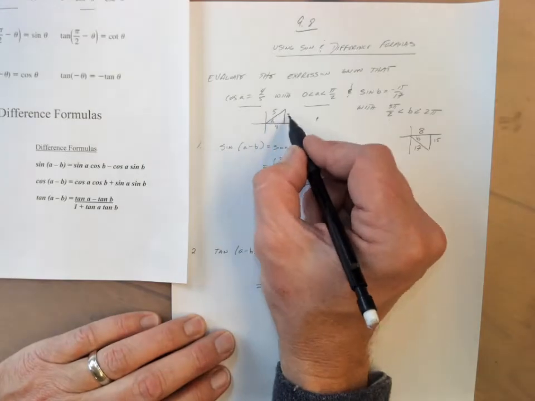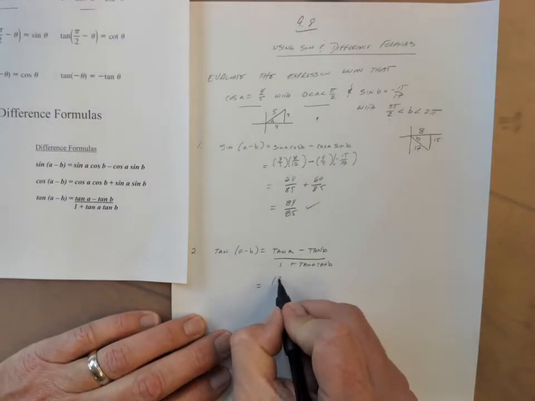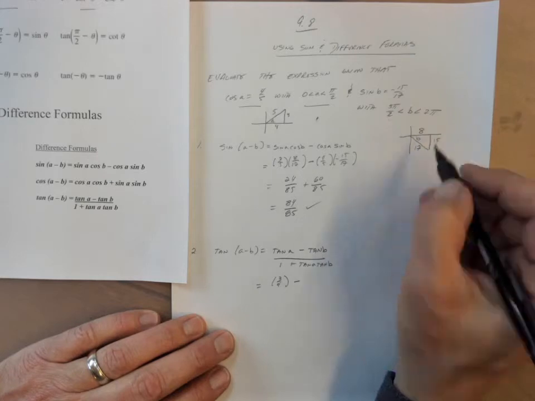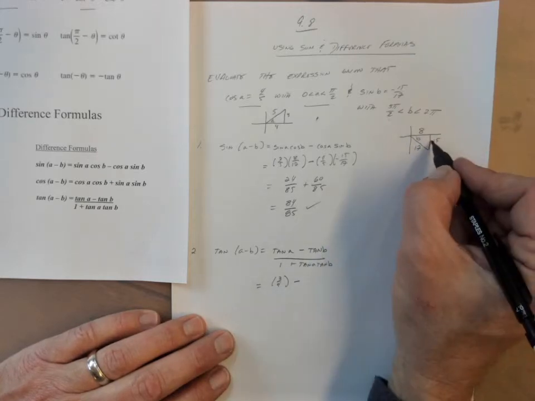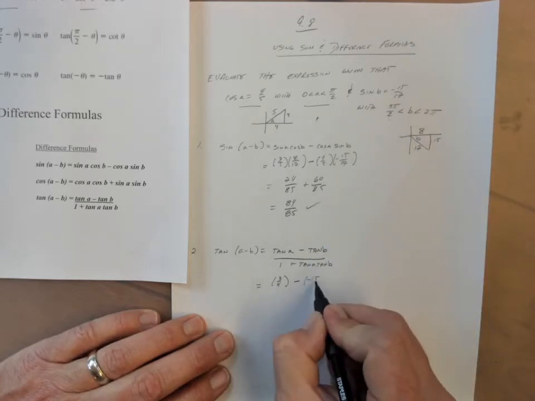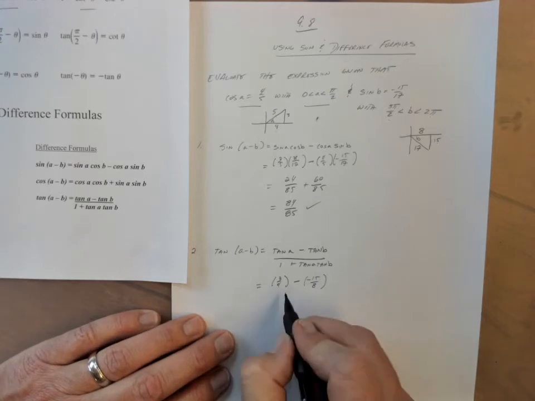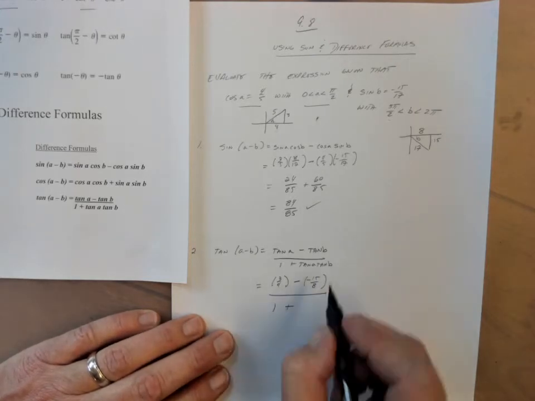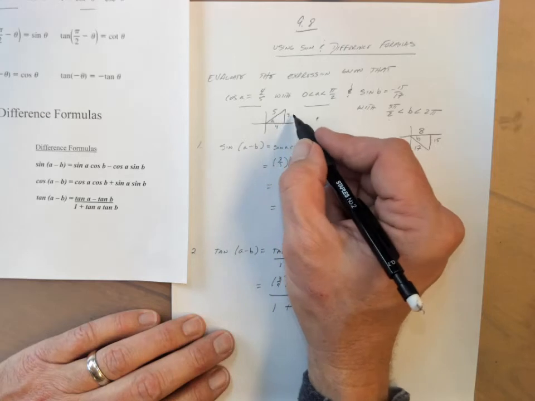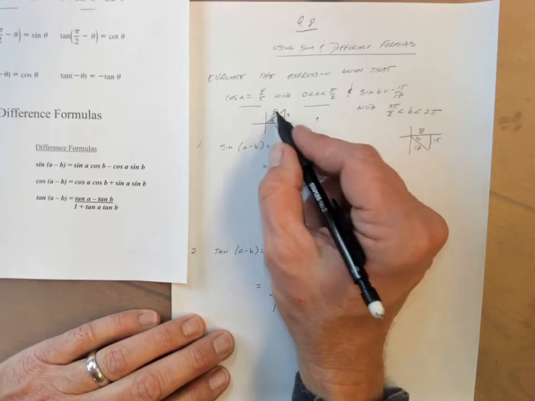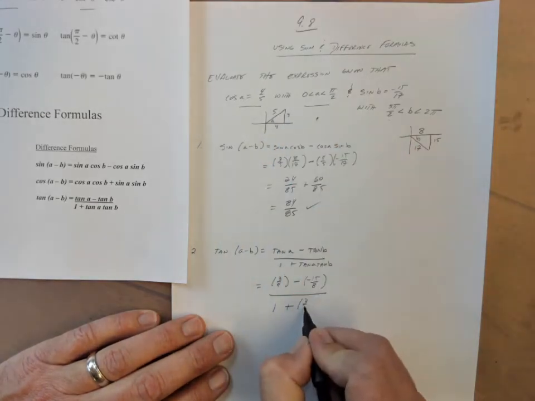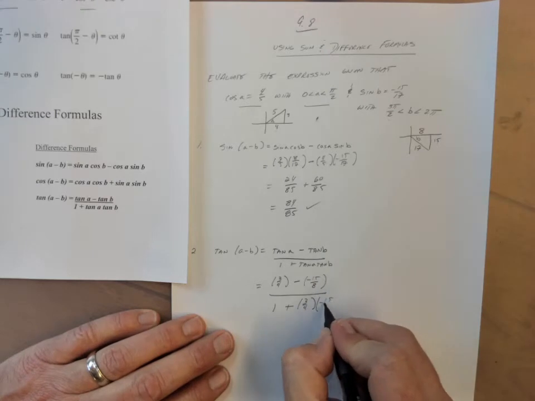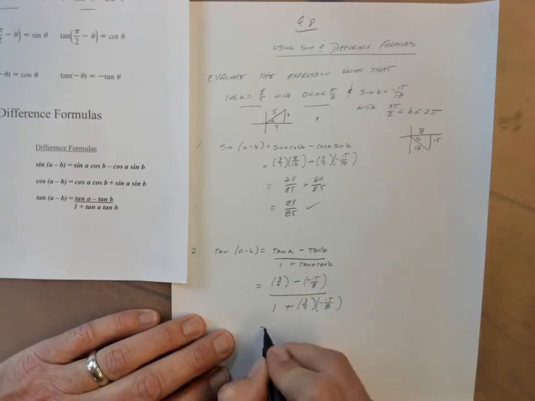So tangent of A, opposite over adjacent, minus tangent B, and remember that's a negative, so minus negative 15 over 8, over 1 plus tangent of A, which we already know is 3/4, times, again, a negative 15/8.